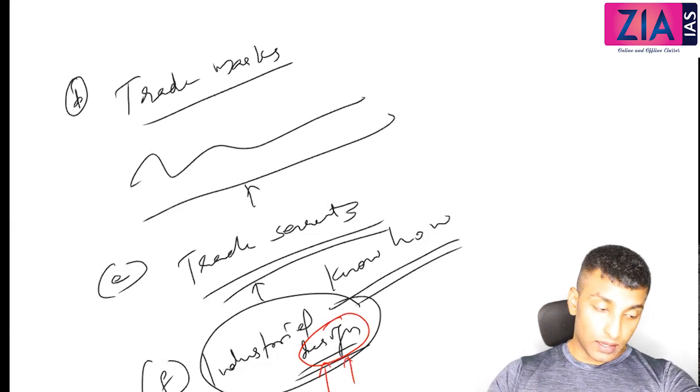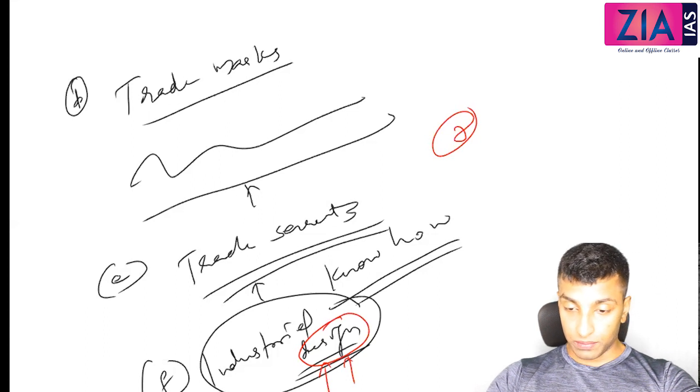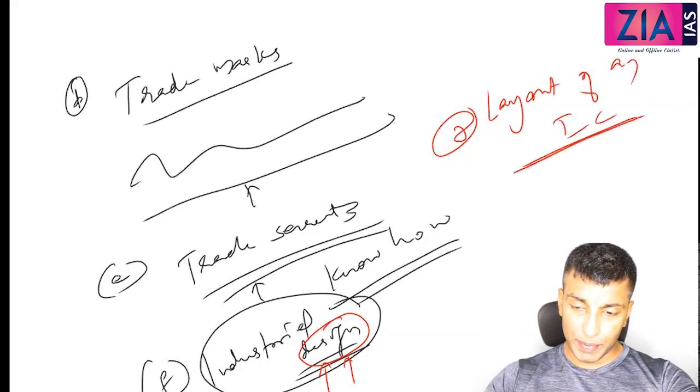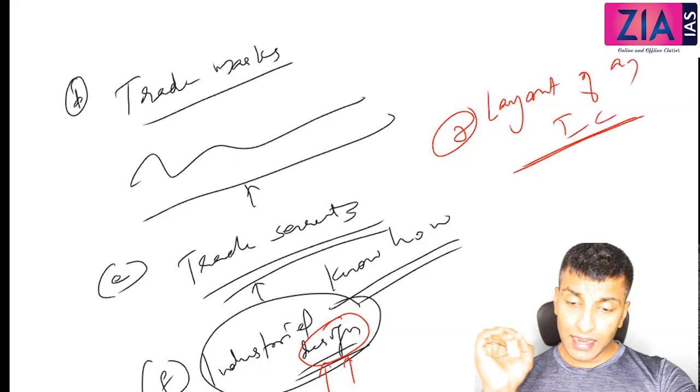Last one, layout of an integrated circuit. The way you place the transistor, capacitor, resistor, etc. So that is a layout.